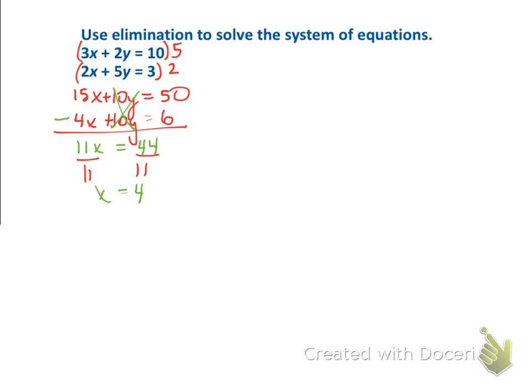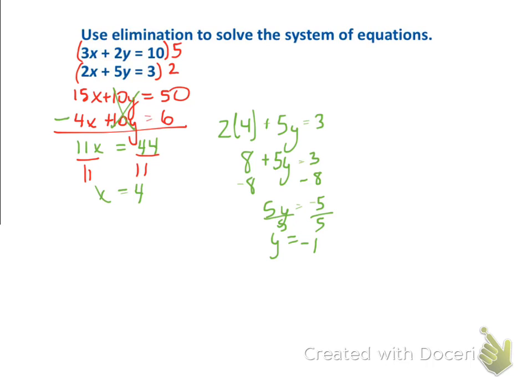Now I just have to find y. 2 times x plus 5y equals 3. Subtract 8. 5y equals negative 5. Divide both sides by 5. Y is negative 1, so final answer, 4, negative 1.